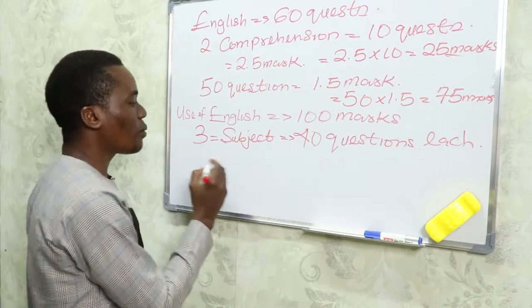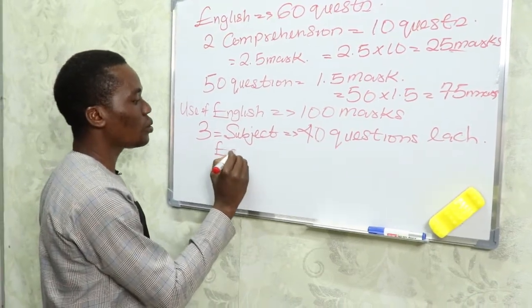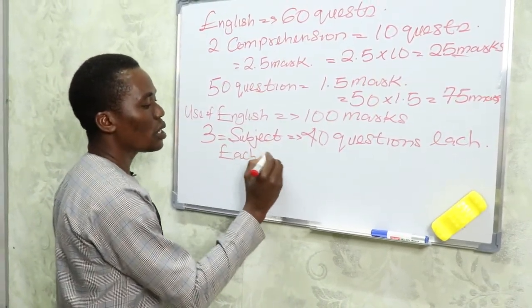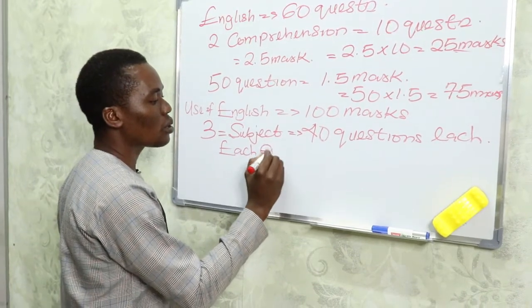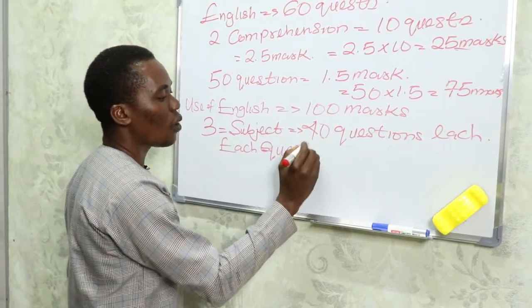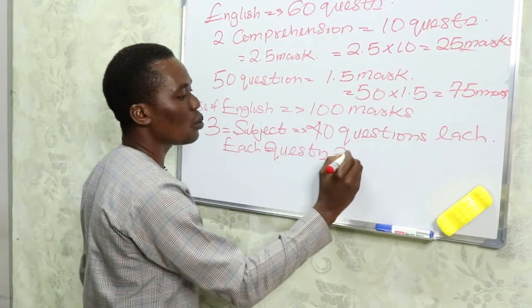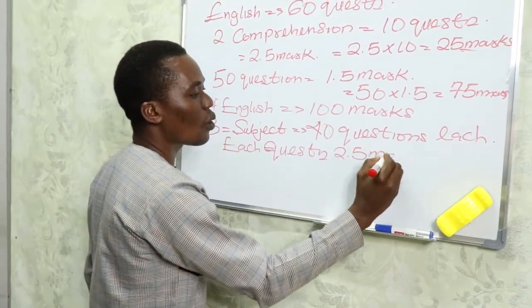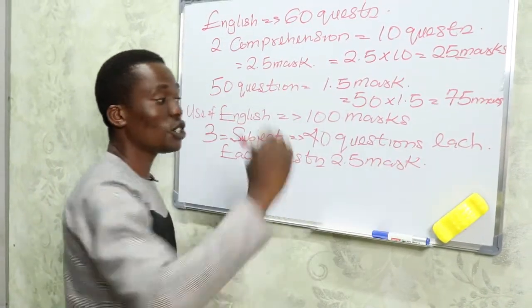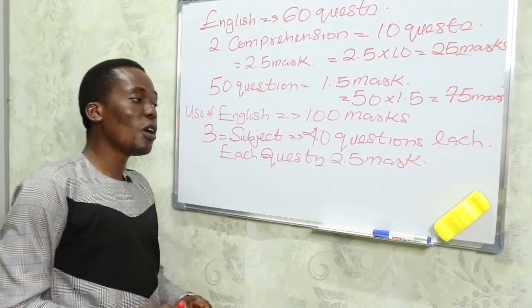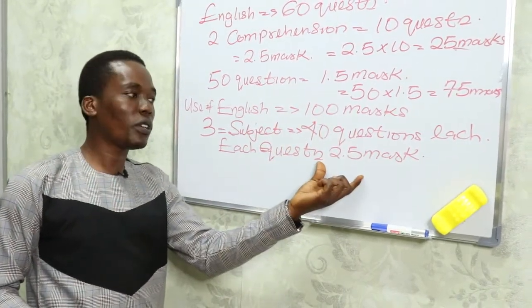Now, on each question you'll be given 2.5 marks. That is great. So if you are able to solve one question correctly, you have your 2.5 marks.